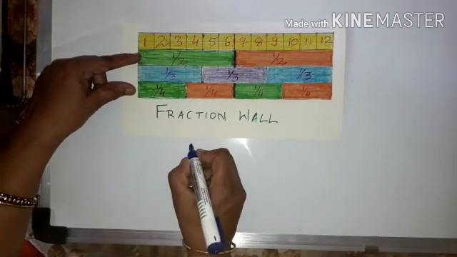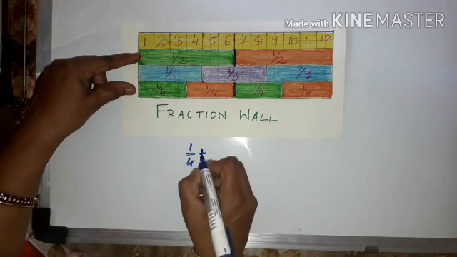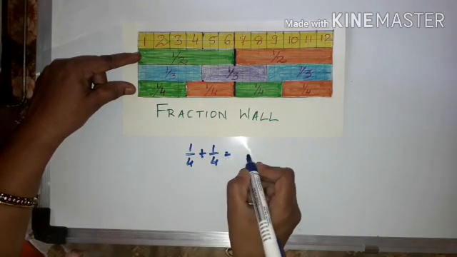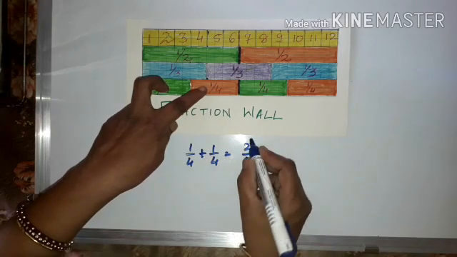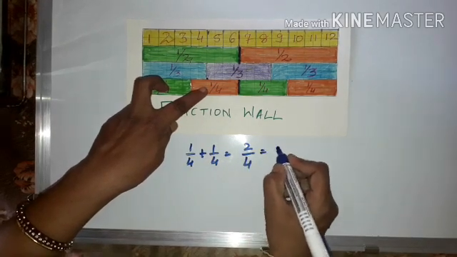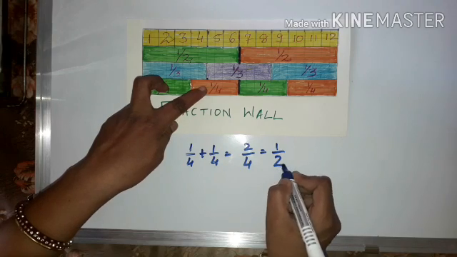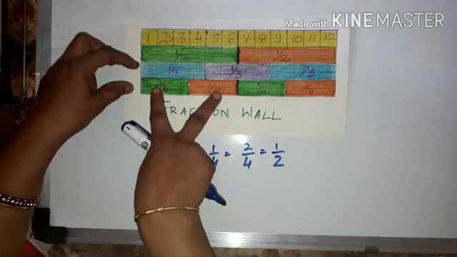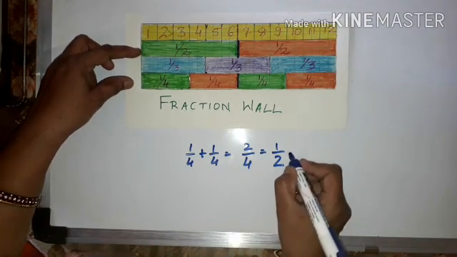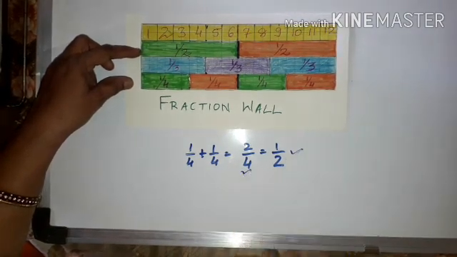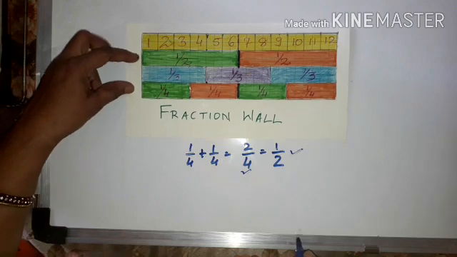So I can write it as 1/4 plus 1/4 equals 2/4. And 2/4, as you know, when you reduce it, it will be half. So here these 2 parts are equal, and 1/2 and 2/4 are equivalent fractions.